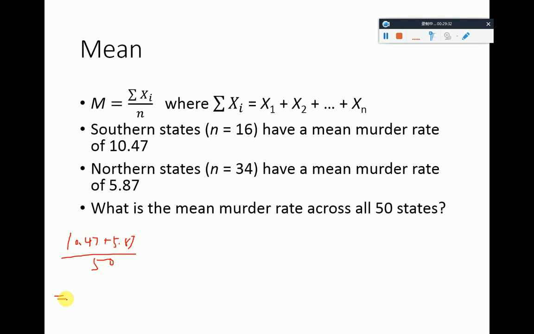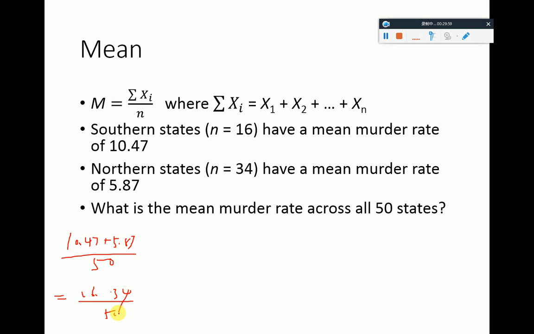Let me find my calculator so that we can do this together. The sum of 10.47 and 5.87 is exactly 16.34.